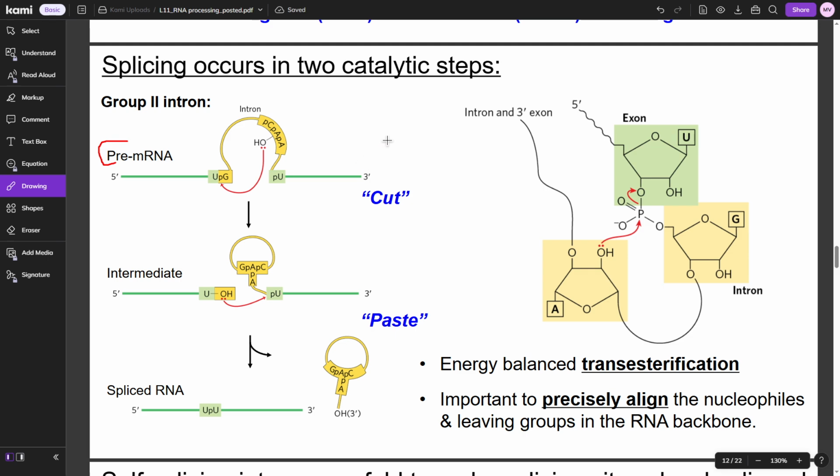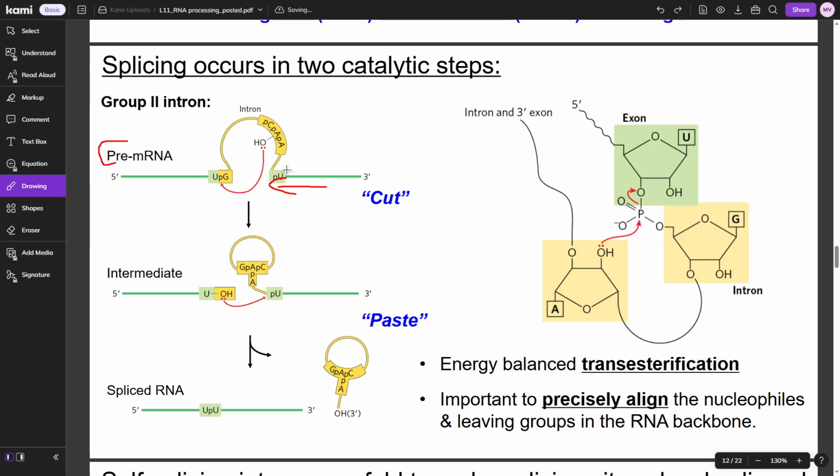For the self-splicing introns, there's going to be some part of the intron that has an OH group, one of these 2' OH groups. This 2' OH group is going to attack itself, basically. It's going to condense and form this bubble first.